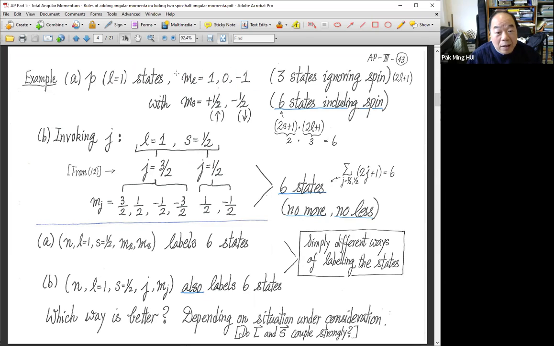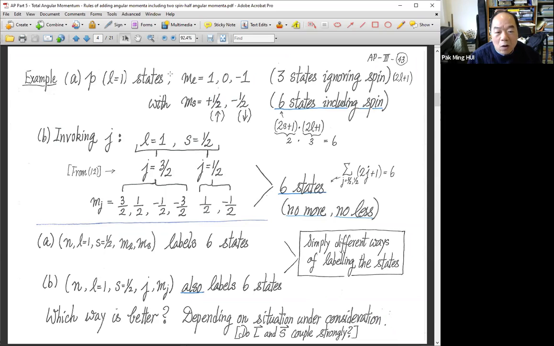So you have spin half, therefore MS is plus minus half. Together you have 6 p states, because this can be plus minus half, this can be plus minus half, this can be plus minus half.